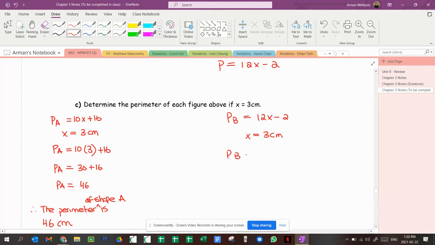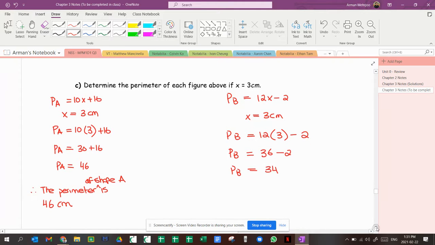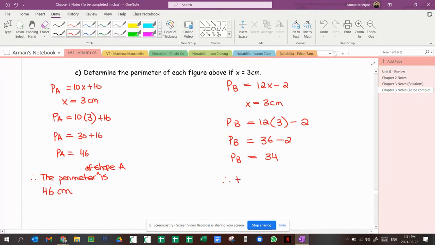So just like the previous one, I'm going to substitute in a value of 3 centimeters for x, and I want to find what the perimeter is when x is equal to 3 centimeters. 12 times 3 is 36, and 36 minus 2 is 34. Therefore, the perimeter of shape B is 34 centimeters.